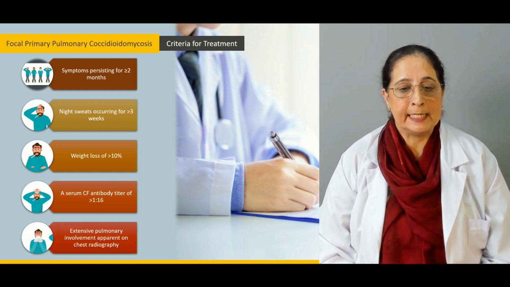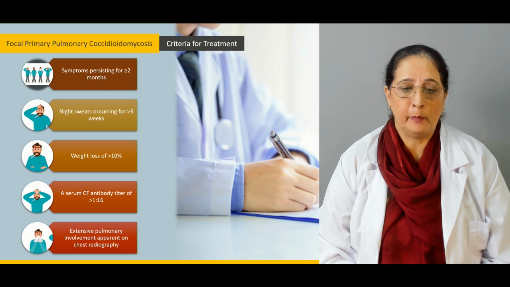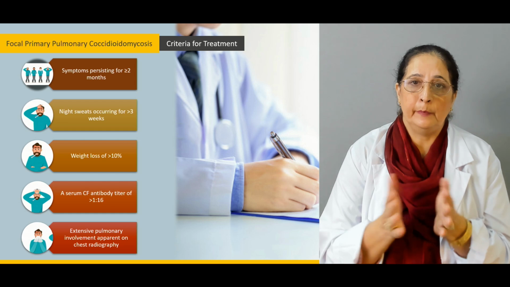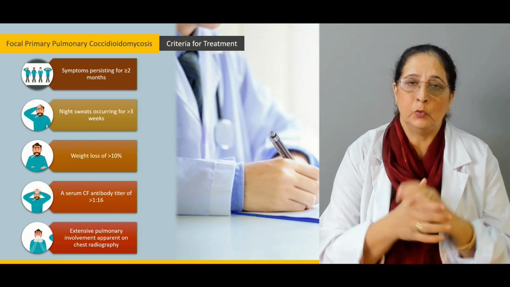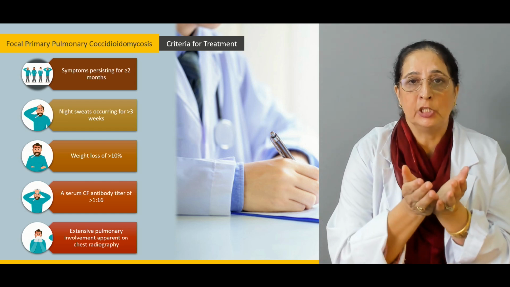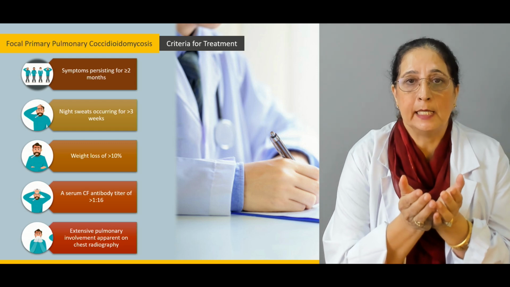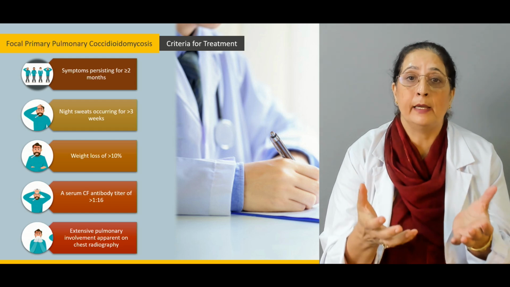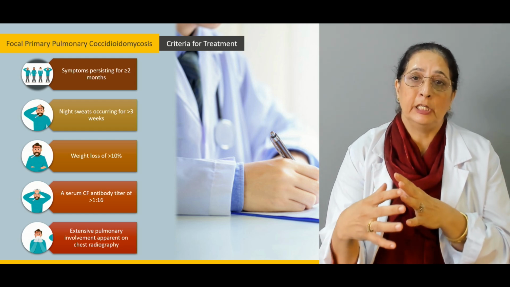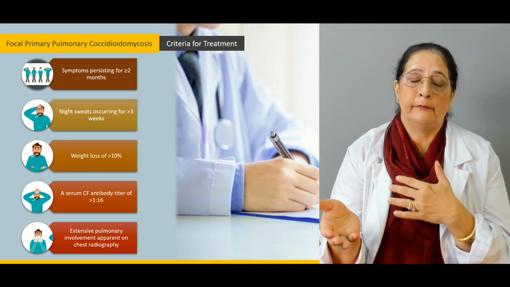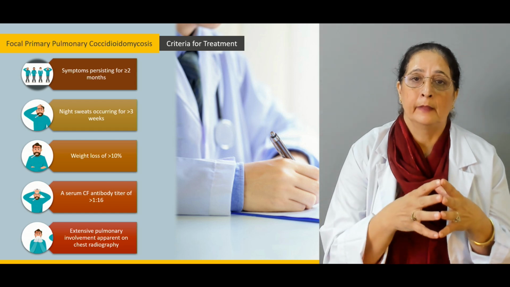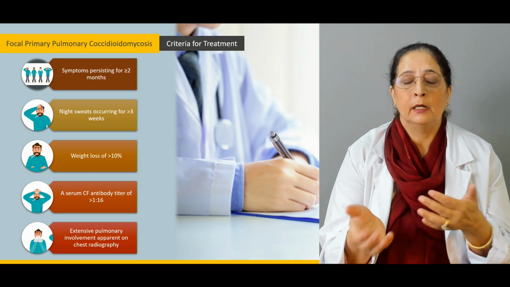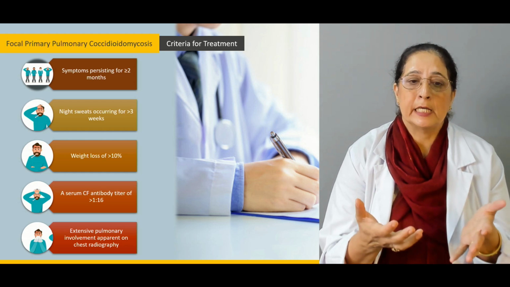And also extensive pulmonary involvement apparent on the chest X-ray, and extensive pulmonary changes. We already know there might be a cavitation with the pus level, and there is fibrosis, scarring, and all these complications can cause different features like dyspnea, and then we have cough, fever, and pleuritic chest pains.